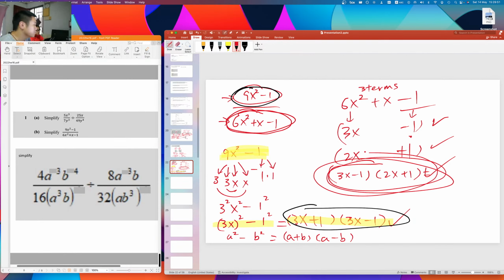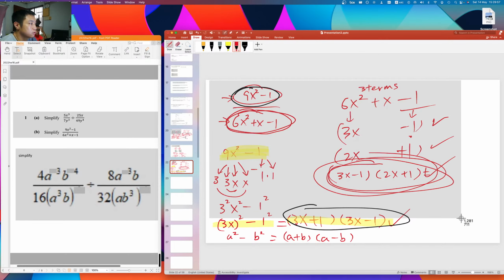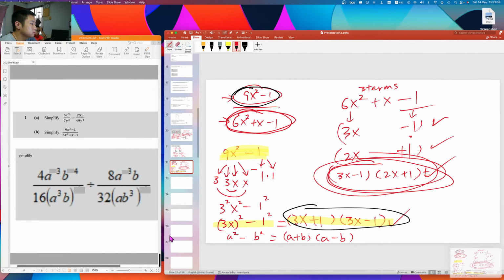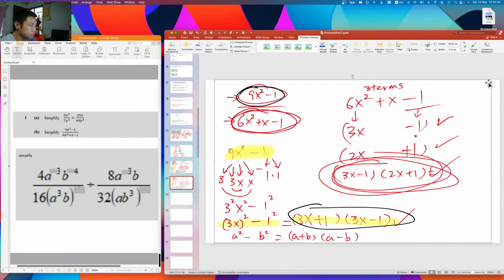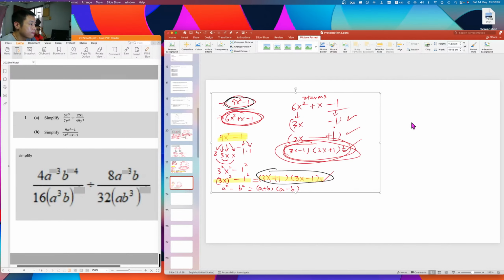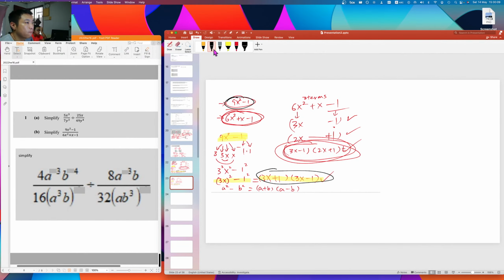So your job is to use the transformed answer. 9x squared minus 1, I transformed to this one already, right? So I write 3x plus 1, 3x minus 1. This one, 6x squared plus x minus 1, I transformed to this one already, right? I write the transformed one.